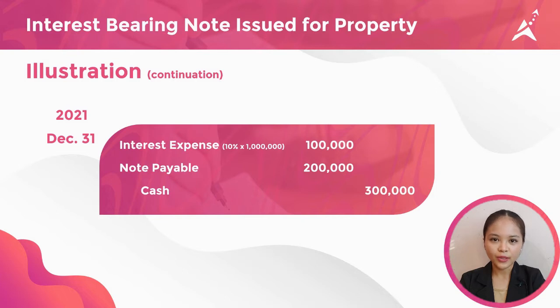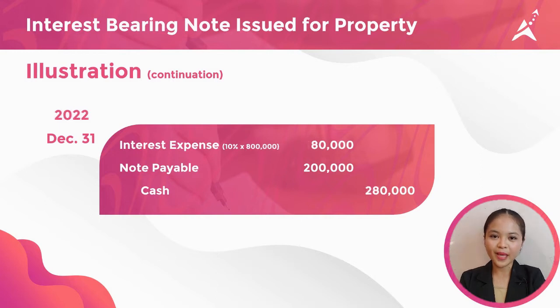Next, we will also debit note payable for 200,000 pesos. Why 200,000? Because, as mentioned in the problem, the equipment is payable in 5 annual equal installments. So, 1 million divided by 5 is equal to 200,000. Lastly, we will credit cash for 300,000.